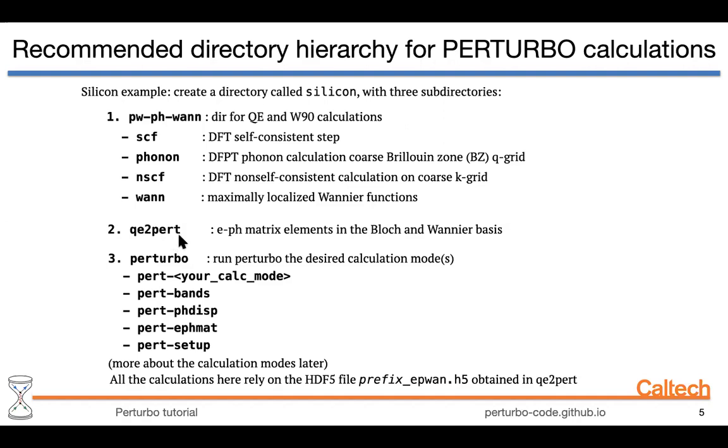And you will generate an HDF5 file called prefix underscore epwan.h5. In this case, prefix will be si, for silicon. This file will be generated in this directory. The third subdirectory is called perturbo.